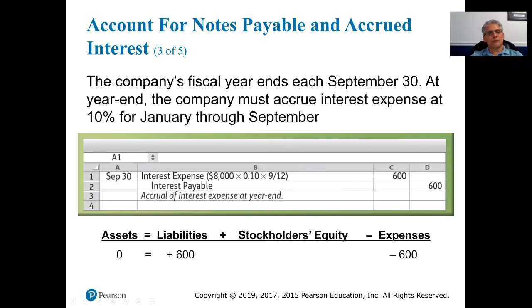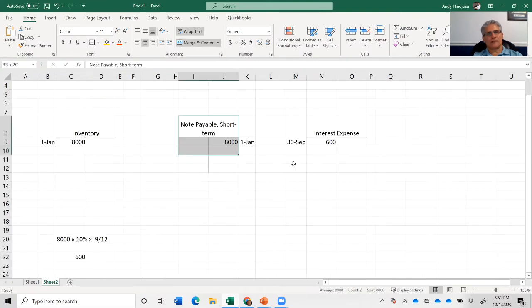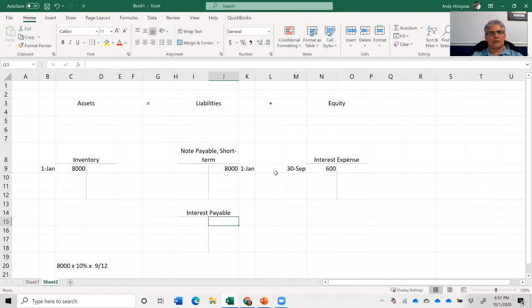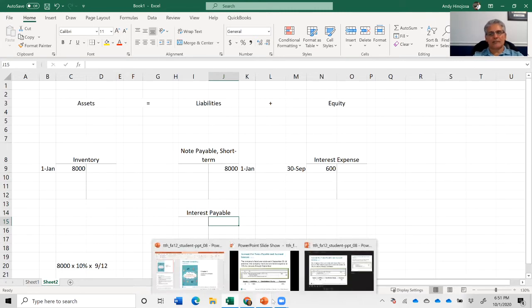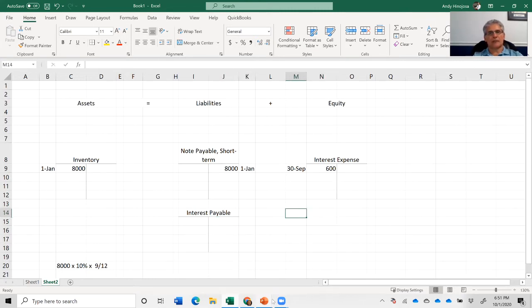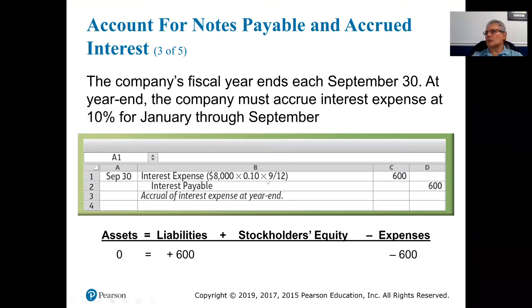And then we're going to create a new account called interest payable. Interest payable, just like any other payable, is going to be a liability. So that's going to increase our liabilities by $600. That's consistent with the journal entry. Now, that is where we're at as of September 30th.